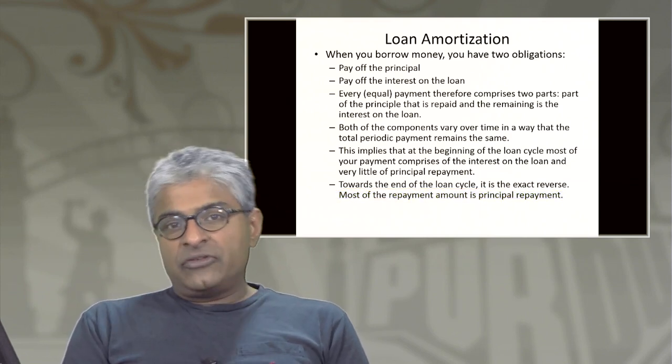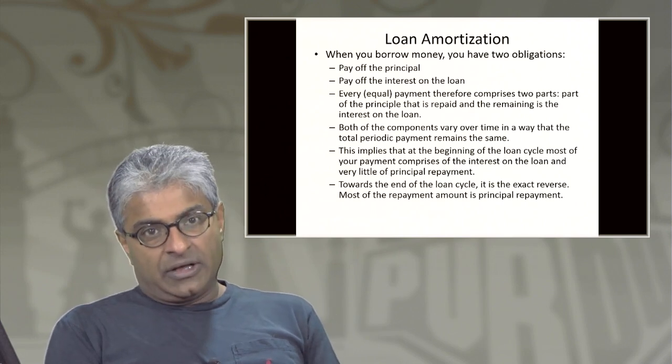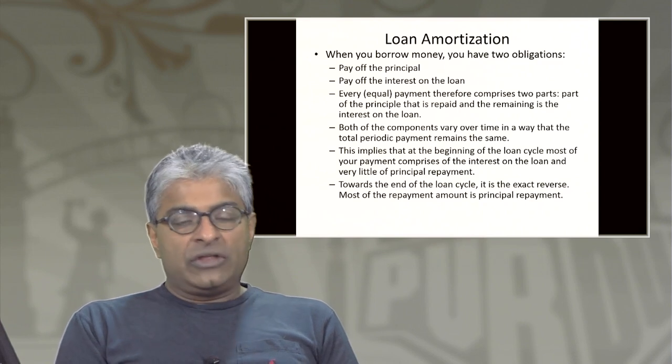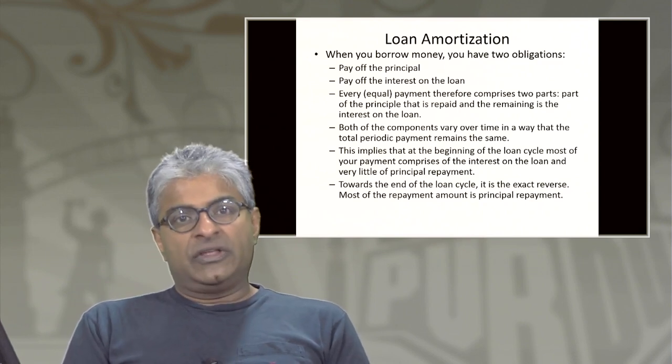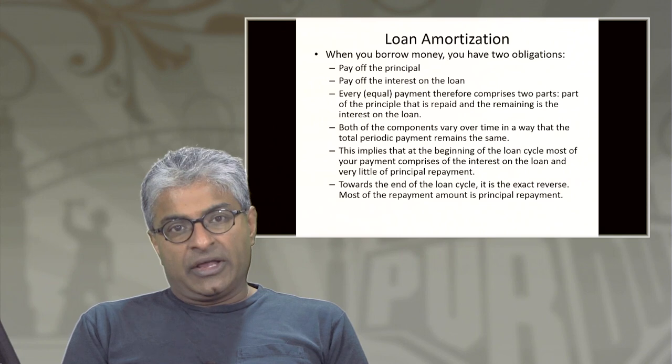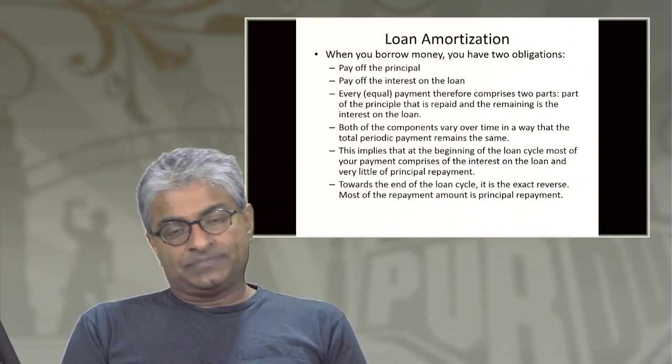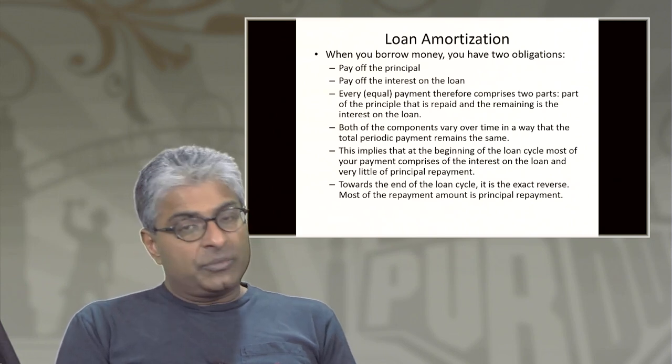Now, there are interesting consequences of this phenomenon, because in the beginning, you're not really paying off much of the principal, right? You are mostly paying interest. Towards the end, you're mostly paying off the principal.